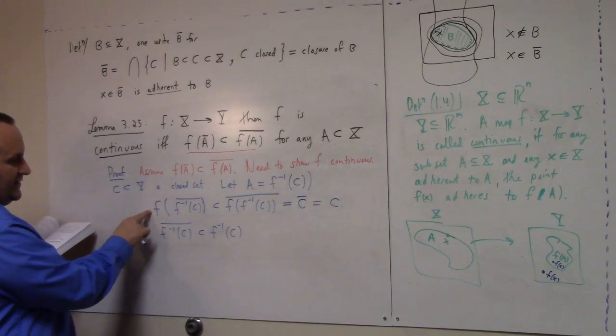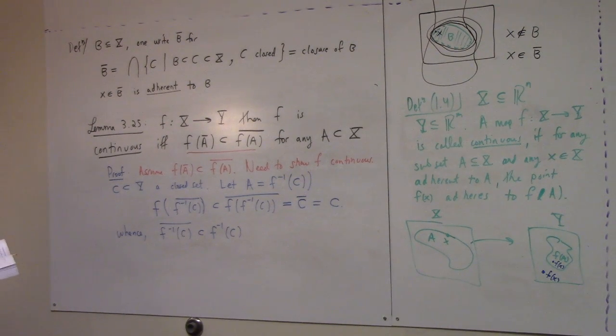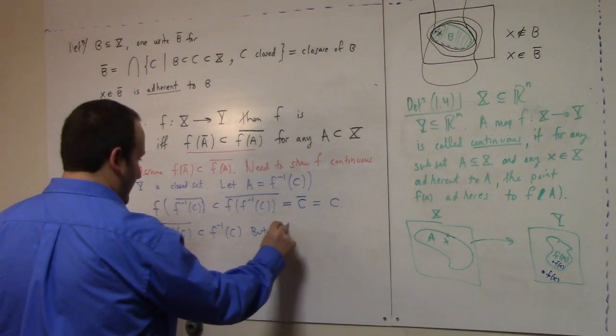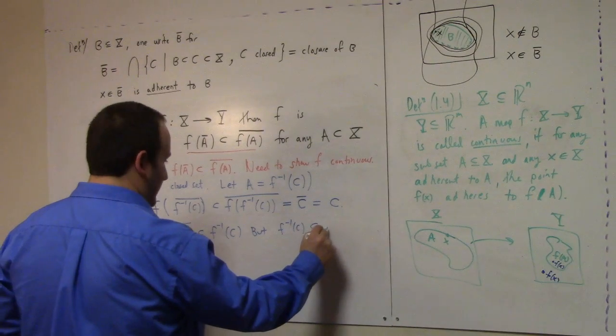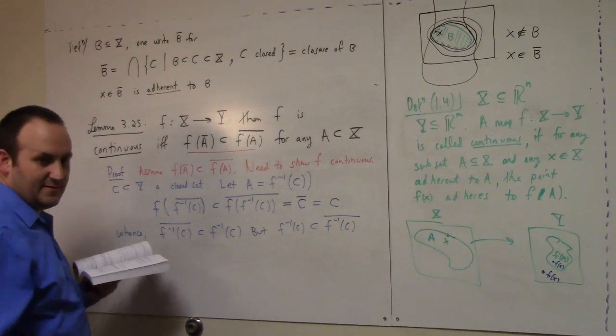So f inverse of C is a subset of its closure. But like you just said, the closure is also a subset of f inverse of C, so we have dual containment.